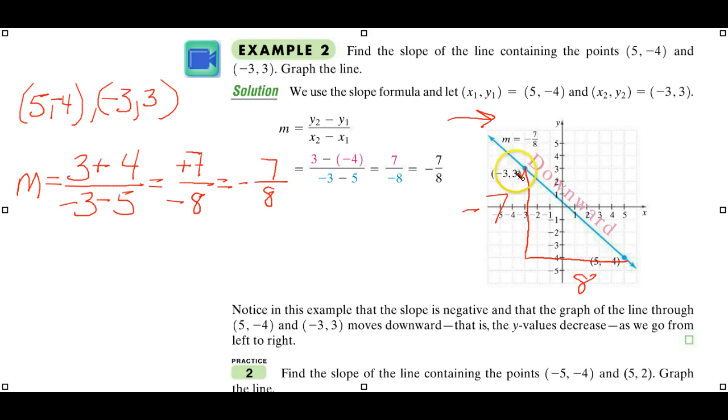So again, from your points you could physically count the units and develop your slope. That's what slope is, the slant of a line. If it starts high and goes down, it's negative slope. If it starts low and goes up, that's positive slope.